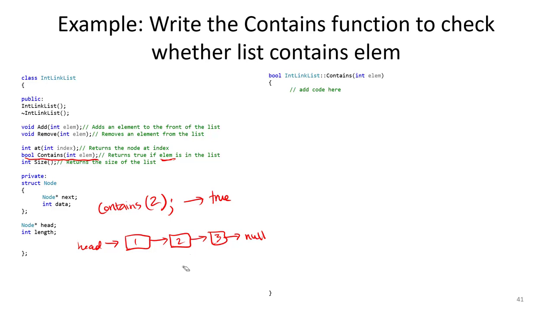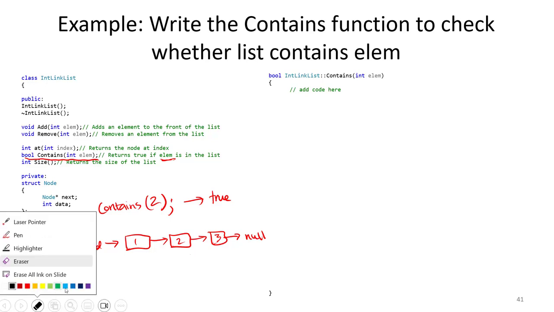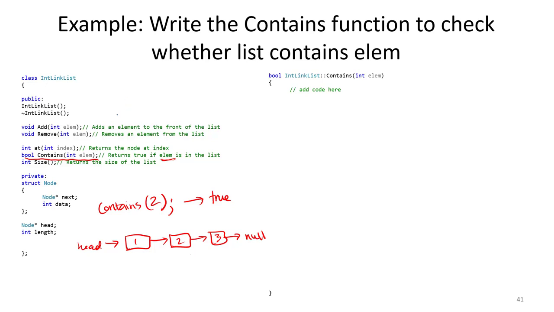So let's discuss our strategy here. In this case, we need to search through a linked list. So the strategy will first be to declare that current pointer. And we want to make that pointer cur point to the head initially. And then we check.